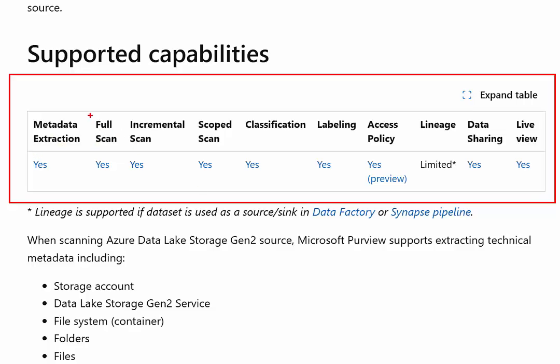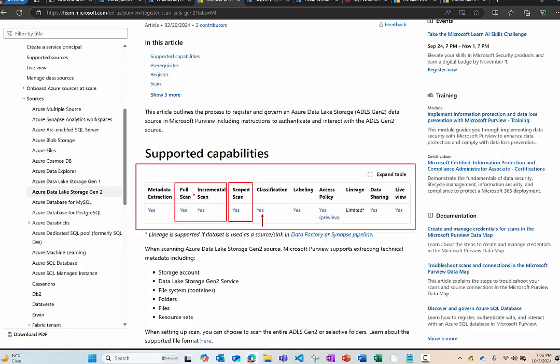For instance, here you can see that we can perform full scan and incremental scan. You can see that we have scoped scan right here. We can do the classification and so on. So for each connector that you would like to use, it's a good idea to double check this table to know what kind of capabilities is supported with the connector.